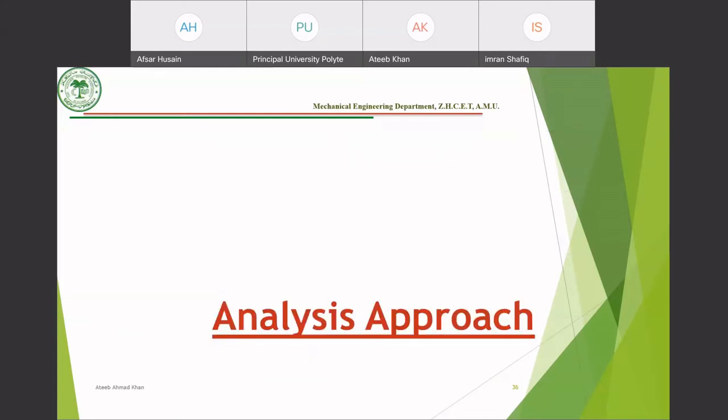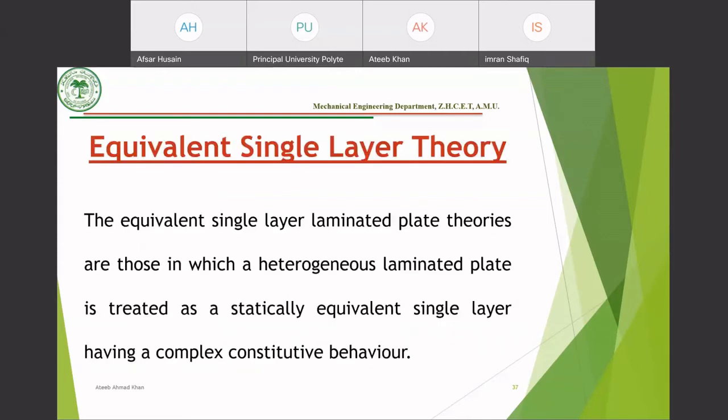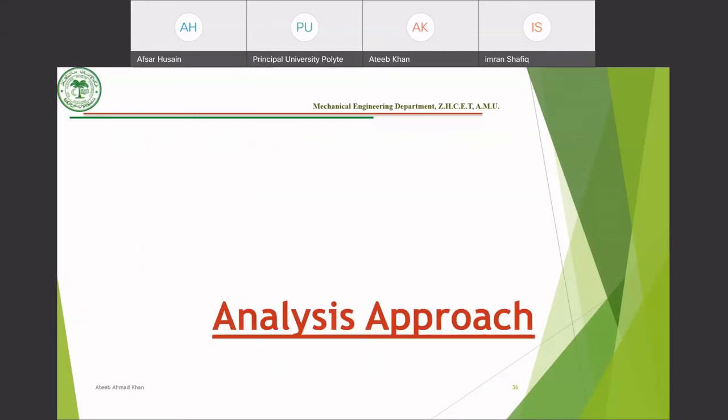Now let's move on to the analysis approach. This is basically what my lecture is on and what we are more interested in. I'll be discussing a few of the equivalent single layer theories which are used in this analysis process, and then I'll be presenting the third order theory given by Dr. Reddy.